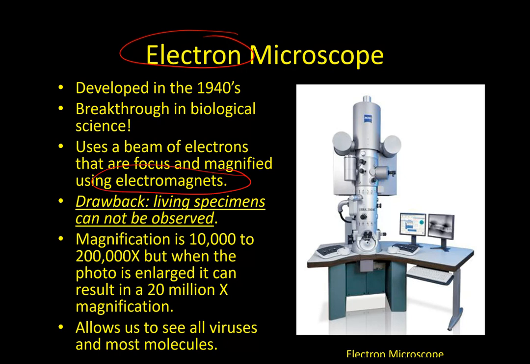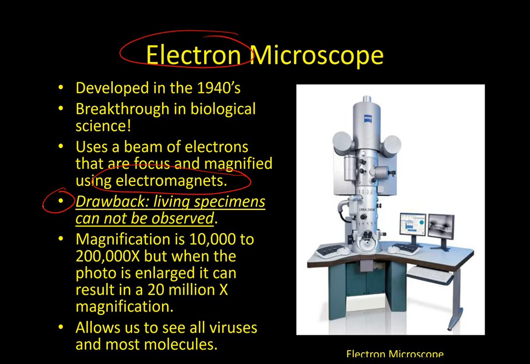So they can either shoot these electrons through the specimen or they can bounce off the specimen. So depending on what type of electron microscope you get, whether it's an emission electron microscope or a transmission electron microscope, it'll actually give you either internal details, let's say inside of a cell, or it can actually give you what the surface looks like.